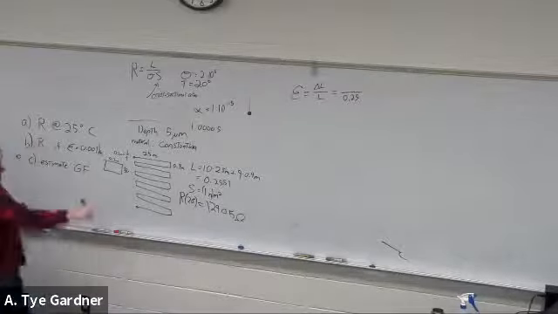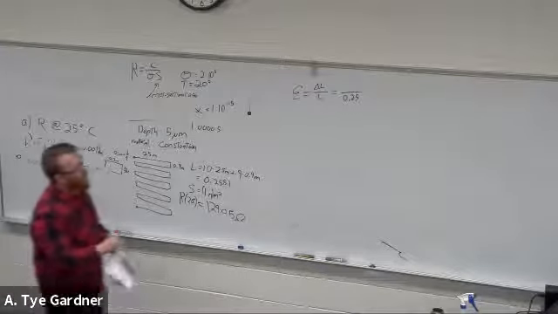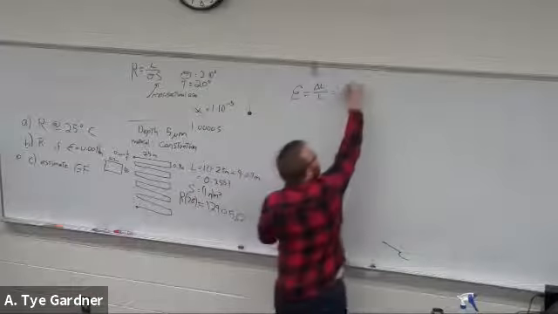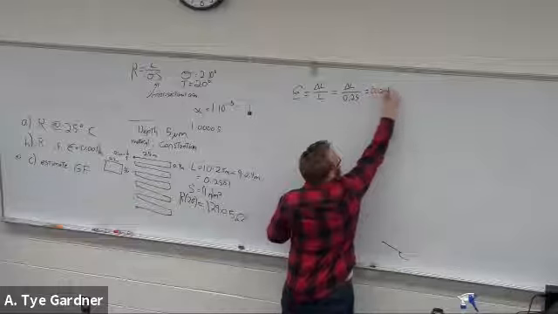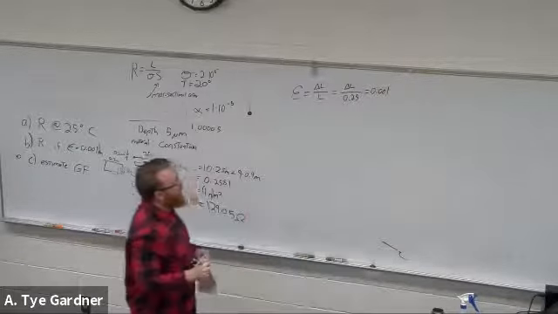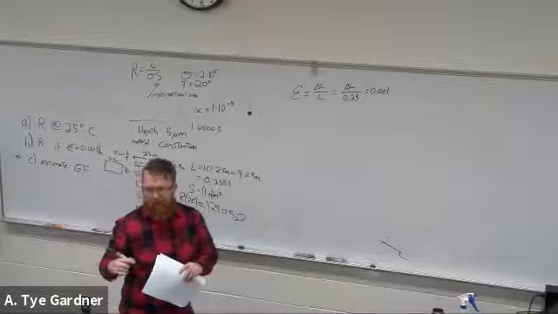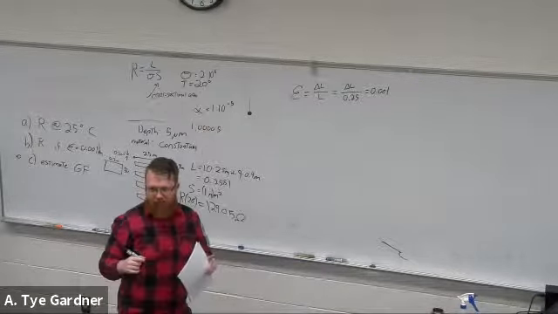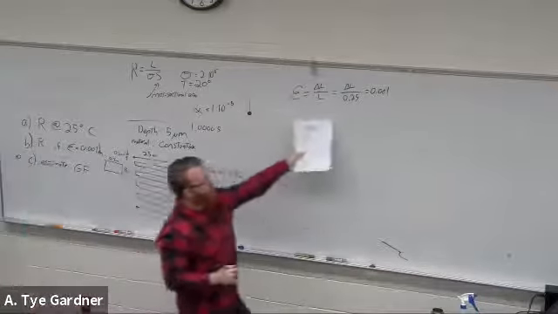Delta L is what we're looking for, right? So now we can calculate our delta L. How much is our length change? Because we've been given strain, which is delta L by L, as 0.001.